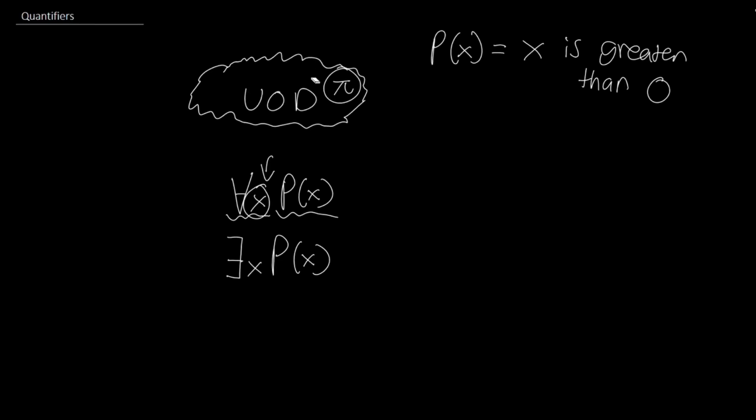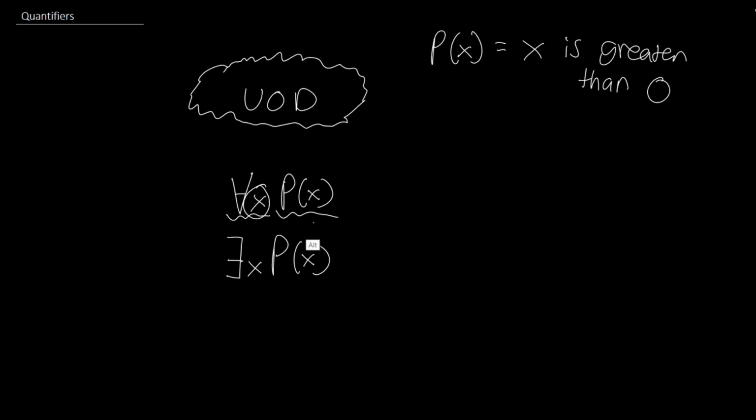On the other hand, if our universe of discourse also happens to include negative numbers, then this statement would be false because we have negative numbers and they are not greater than 0, so you can't say that. So this highly depends on context. So context matters a lot and you should keep that in mind.